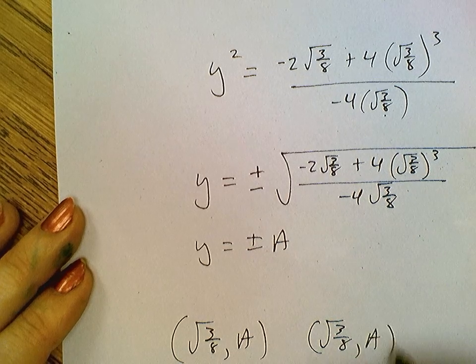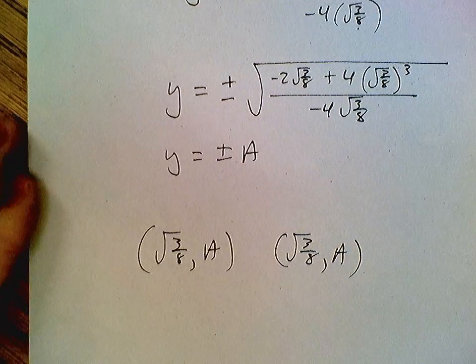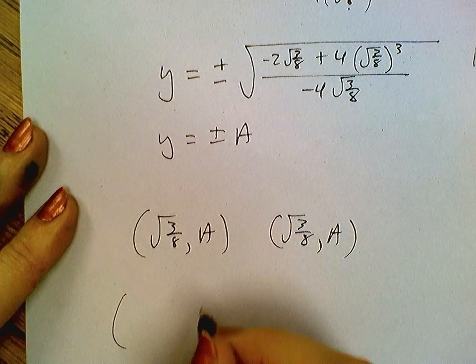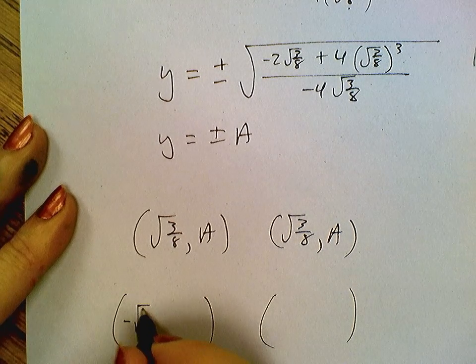And that's totally legal, guys, letting it be A, so you don't have to write it over and over. But then we're also going to have the two points for the negative.